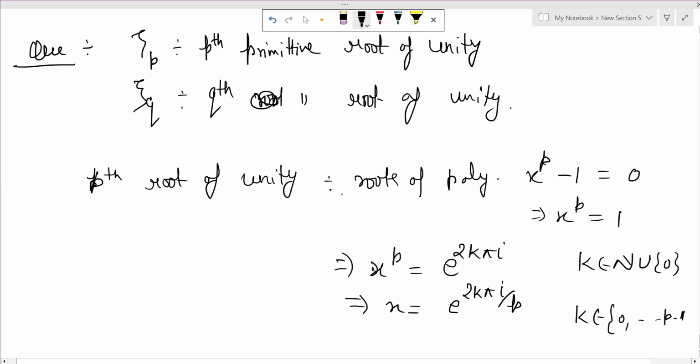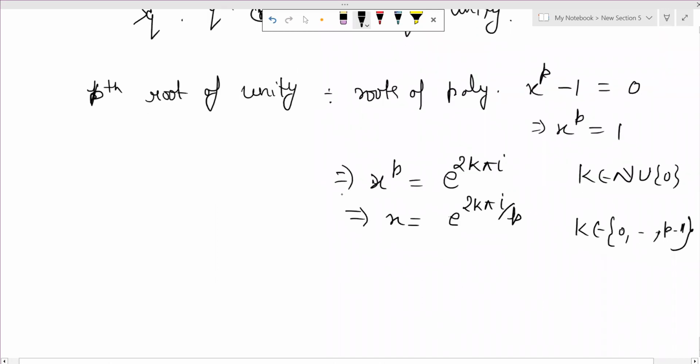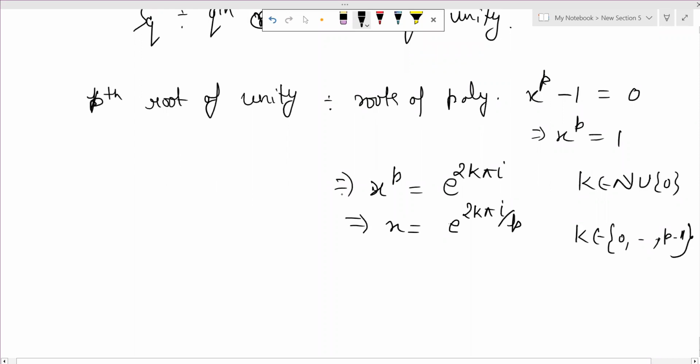From p onwards, repetition will occur, so we only need to go up to p minus 1. These are the roots.